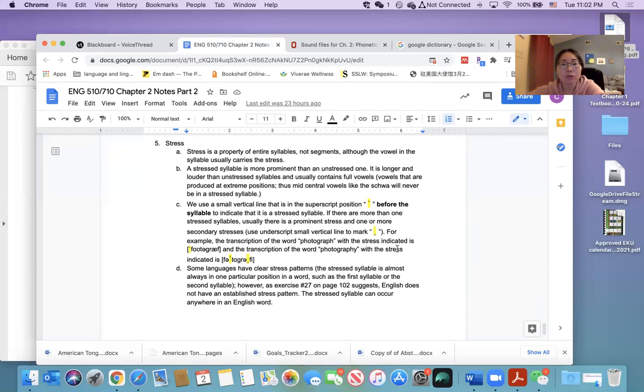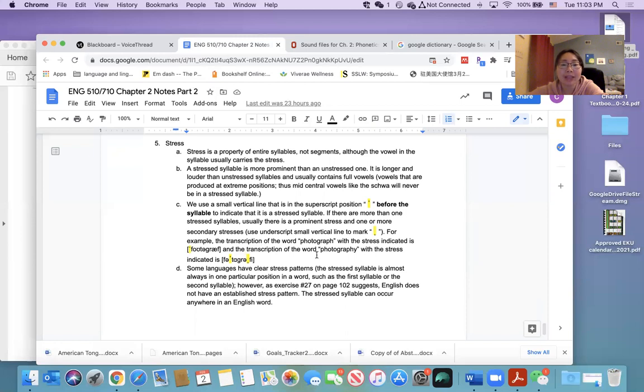Okay, so for example, this is the example our textbook uses, photograph. Okay, the initial syllable pho is stressed, so we use the small vertical line in the superscript position before the syllable pho to indicate that this is stressed. How do I know pho is stressed in the word photograph?